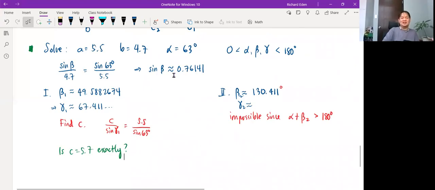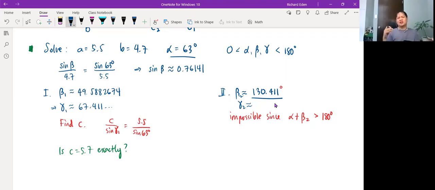So in this problem given last time, there is only one triangle that's going to come up. Anyway, you know the computation. So beta 1 is 49.588, beta 2 is 130.411 degrees. However, the second case is impossible because if you compare this beta angle with the alpha angle, their sum is already going to be larger than 180 degrees.